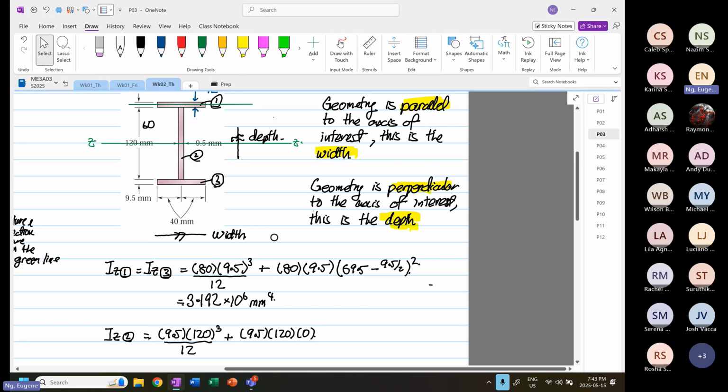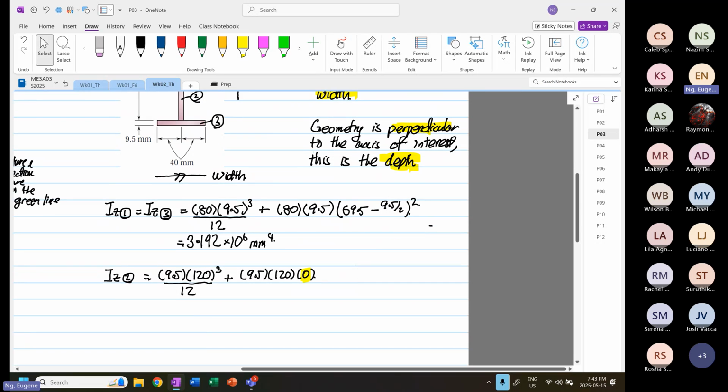The section 2 centroid is also along this line. That's why over here you got the 0. So this will be equal to 9.5 times 120 to the power 3 divided by 12. It's equal to 1.368.